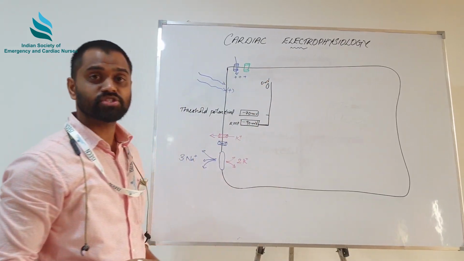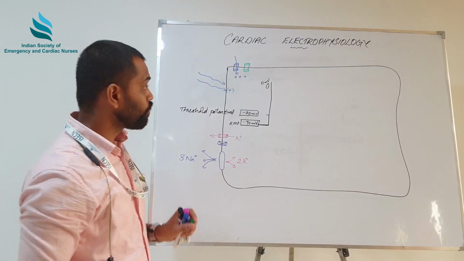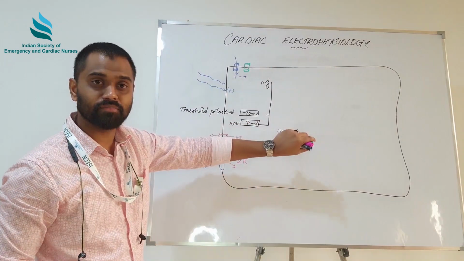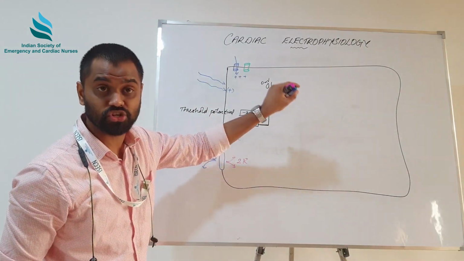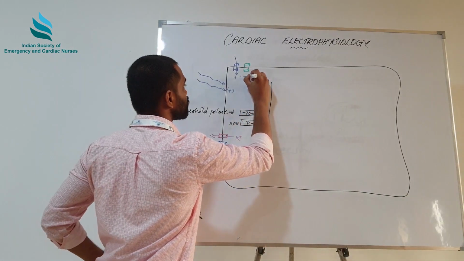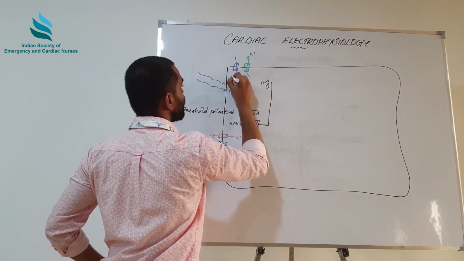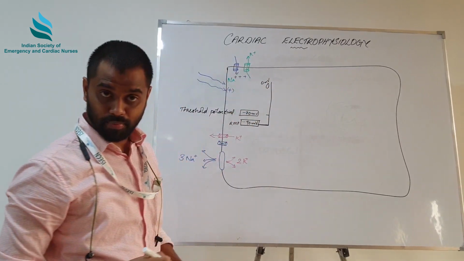Simultaneously, potassium channels will be opened. As the potassium channels open, we know the intracellular compartment is high in concentration of potassium, so it will start leaking potassium out into the extracellular compartment.